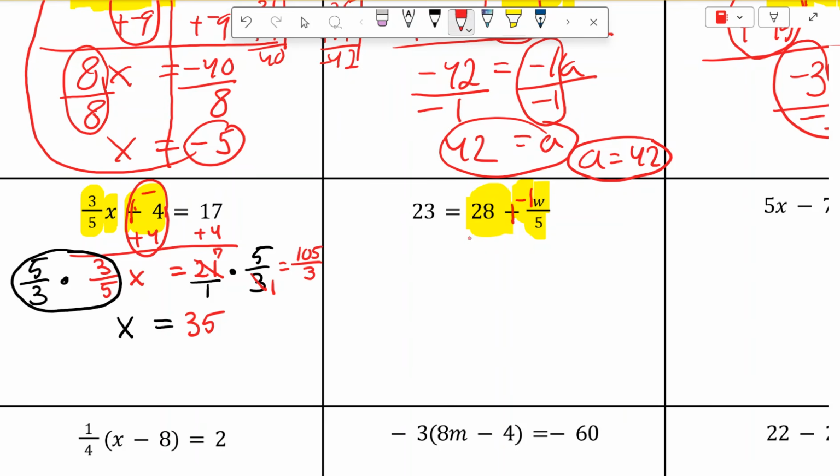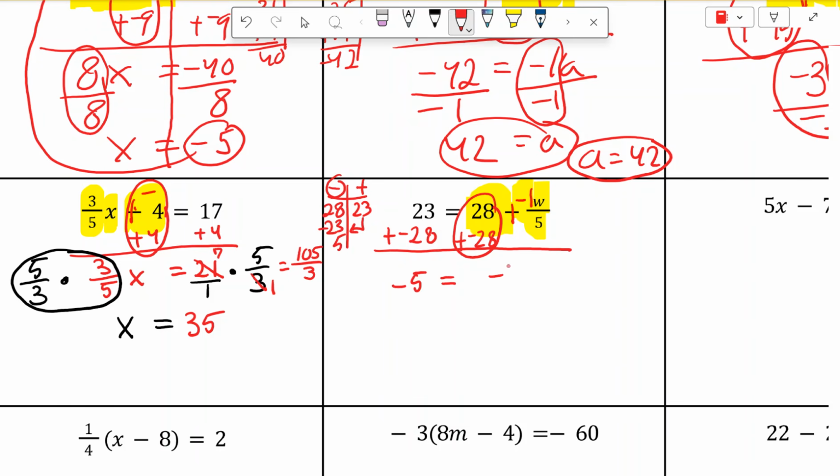All right, let's get rid of 28 by adding -28, and that is a 0, so we'll do it to the other side. And 23 plus -28 is -5.